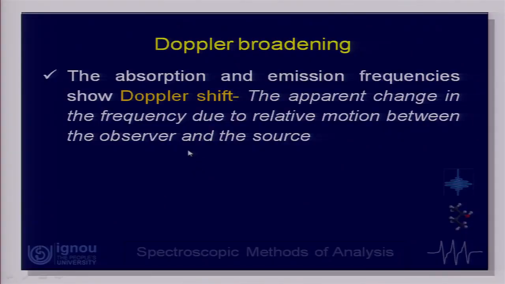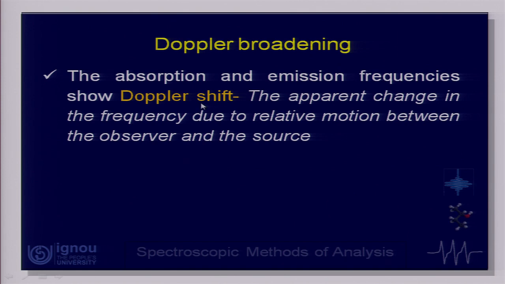As a consequence, the frequency or the energy of this as perceived by this molecule will be different from what it actually is. On the other hand, if you have this photon coming, but the molecule is approaching the photon at a very high velocity, it will perceive this frequency to be different. So essentially the Doppler effect we can express in terms of the following expression, that is, the absorption and emission frequencies show Doppler shift.